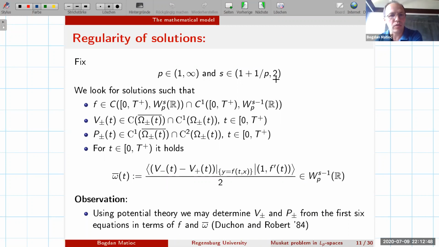We look for solutions which are continuous up to t equals 0 in the Sobolev space W^s_p, and which are continuously differentiable in the Sobolev space W^{s-1}_p. So when we differentiate with respect to time, we lose one order of regularity. This is because the problem is a first-order evolution problem, and this kind of solution we call strict solutions.